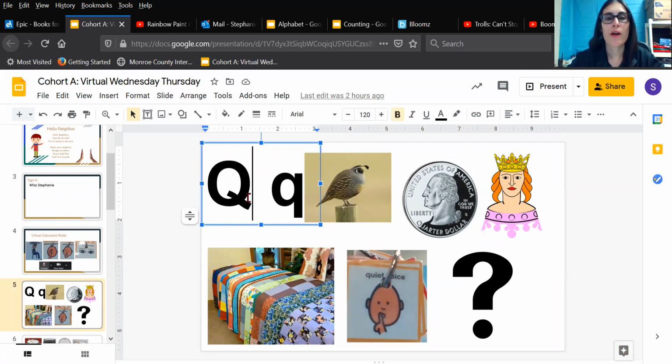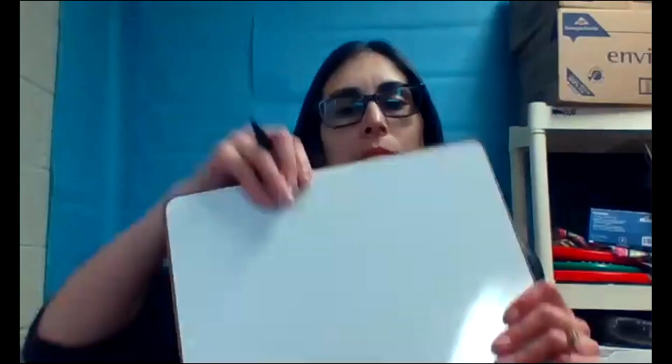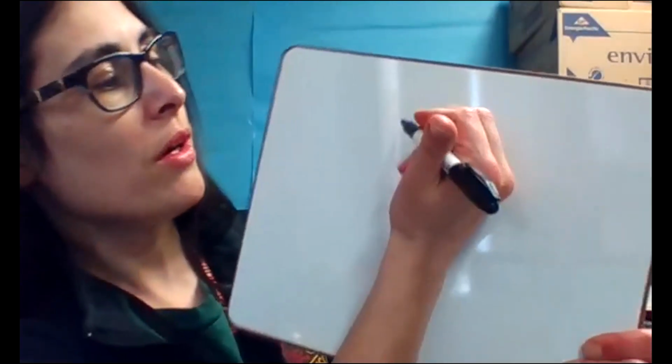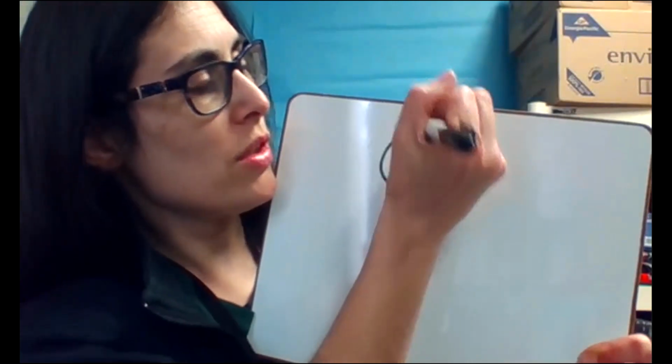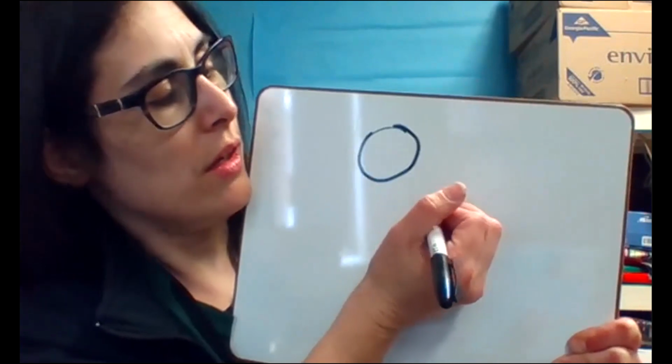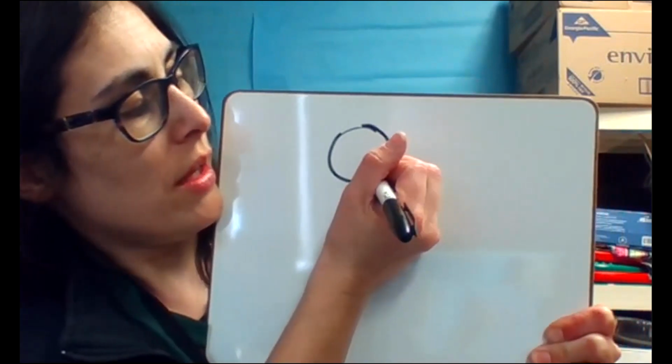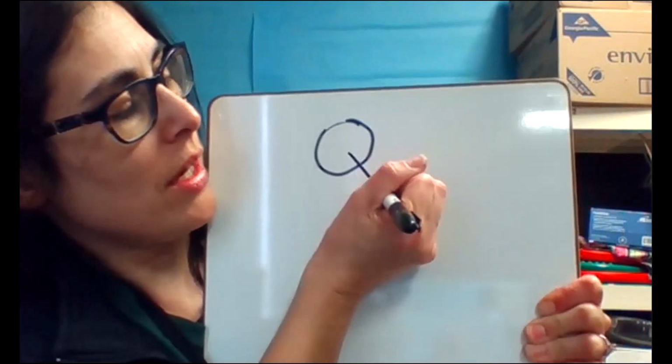Q says qu, qu. All right, let's go ahead and make our letter Q. To make the letter Q, we are going to draw our circle that we did yesterday, and then we're going to put just a little line through it.